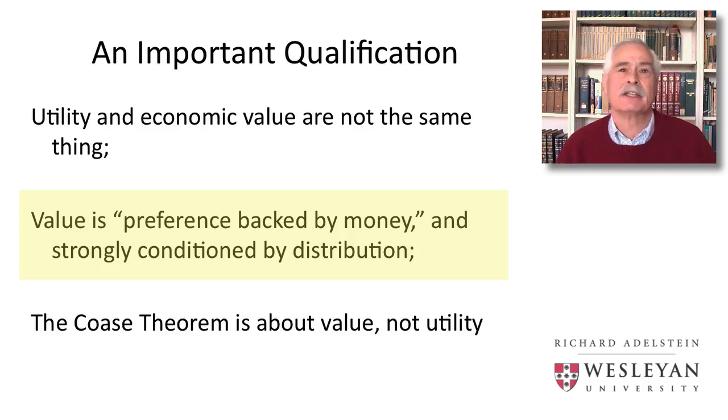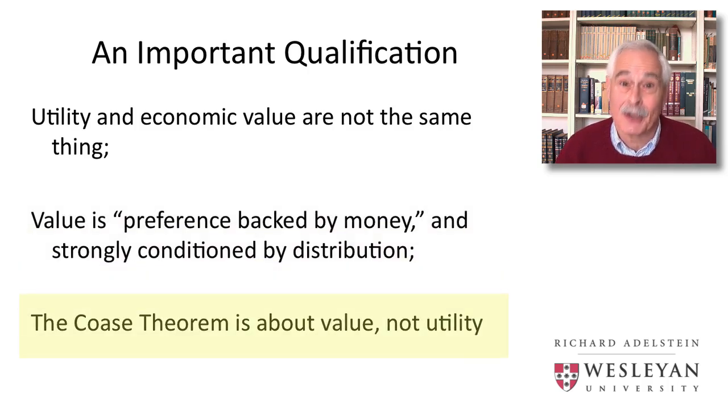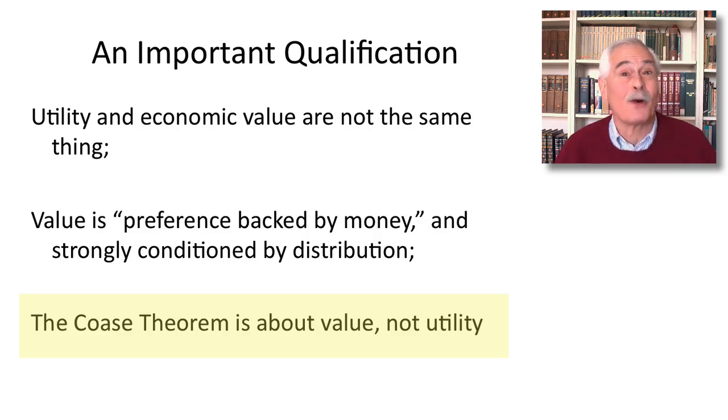In our latest example, Hamilton, being poor, is unable to back his preference against siren testing by money, and therefore the exchange system will simply not register that preference. Finally, the Coase Theorem is therefore not about utility maximization, but is in fact about the maximization of value. We'll talk a little bit more about qualifications to the Coase Theorem in the next lecture.